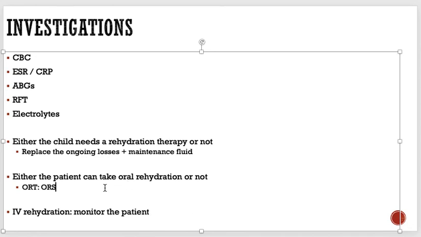Normally in mild dehydration, if you're using ORT, we give them 50 milliliter per kilogram over 4 hours. But in moderate, we can increase that to 100 milliliter per kilogram, over 4 hours.